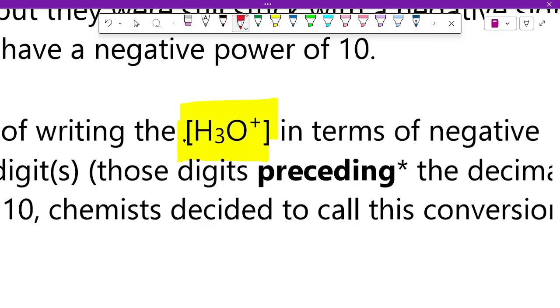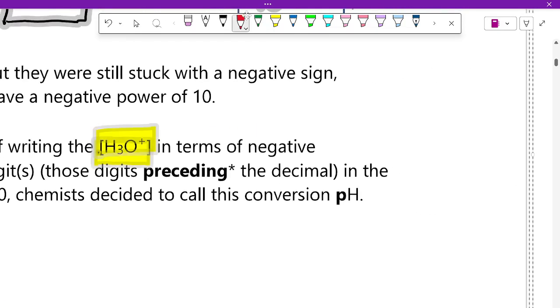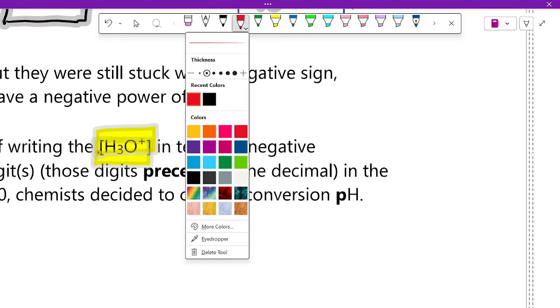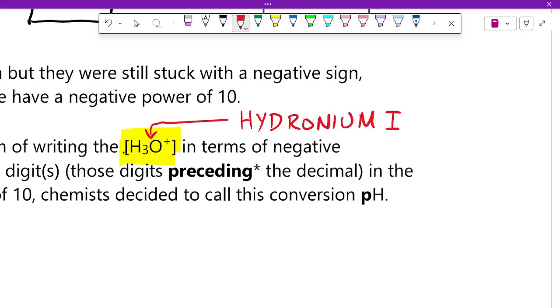H3O plus is called the hydronium ion. And the hydronium ion is how hydrogen actually exists in water.